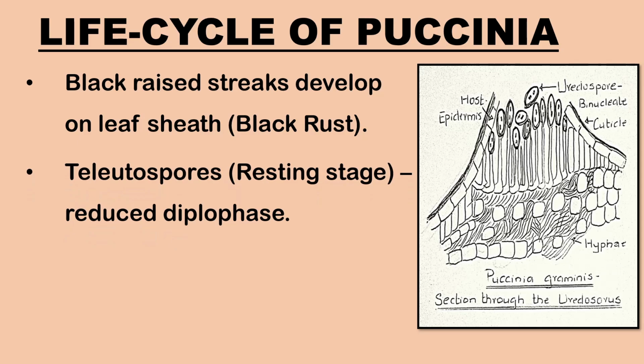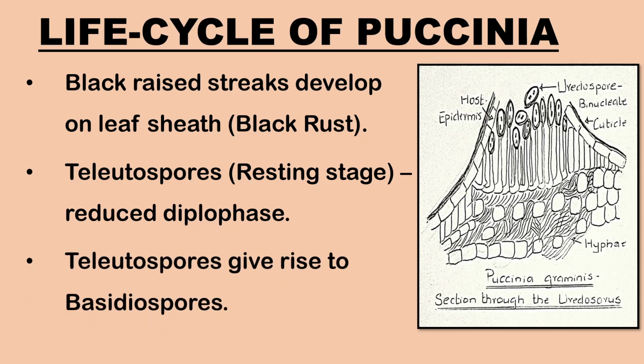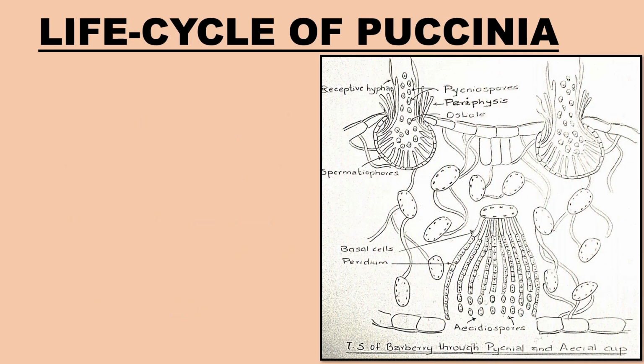The teliospores show karyogamy and represent the reduced diplophase in the life cycle of wheat rust. This is called the resting stage. During favorable condition, they give rise to the basidial stage, forming the basidiospores, which are uninucleate haploid structures.